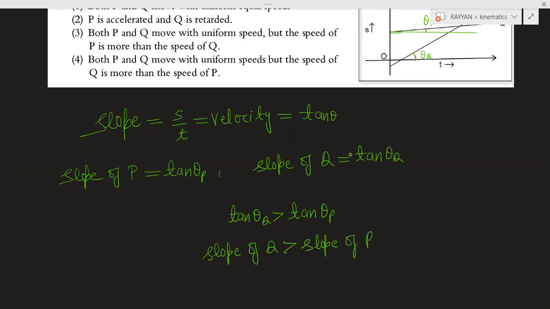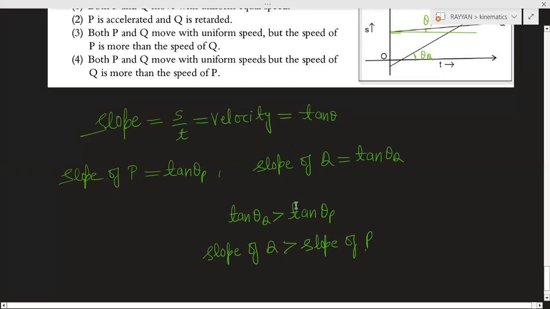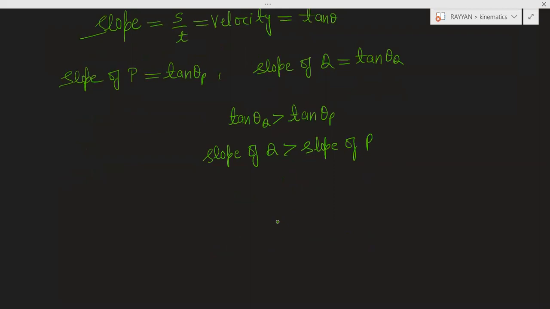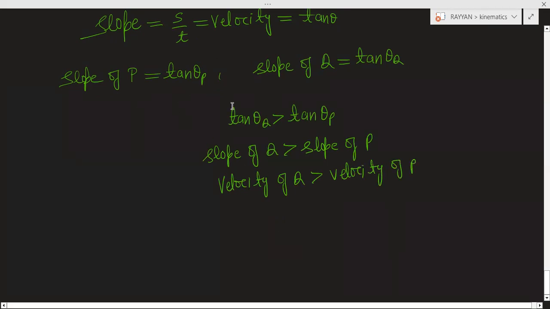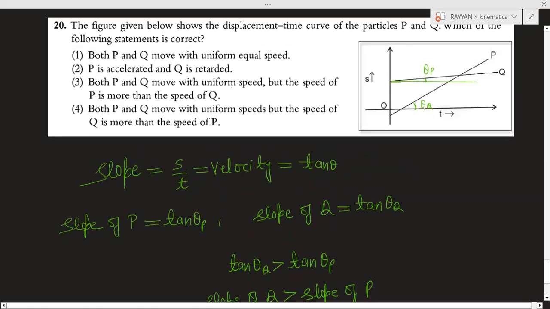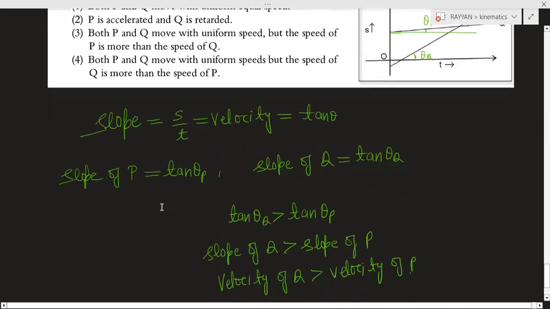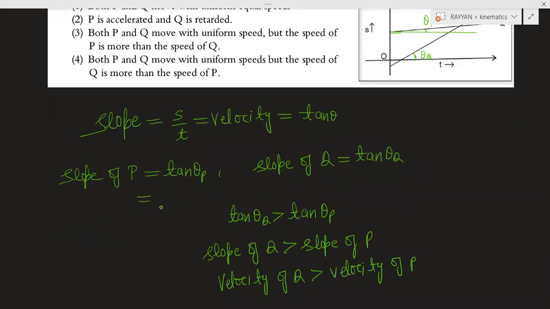What is the slope of displacement time graph? Velocity. So you can say velocity of q is greater than velocity of p. And one more thing, if this angle is something like 30 degree or 40 degree, this slope will be constant.